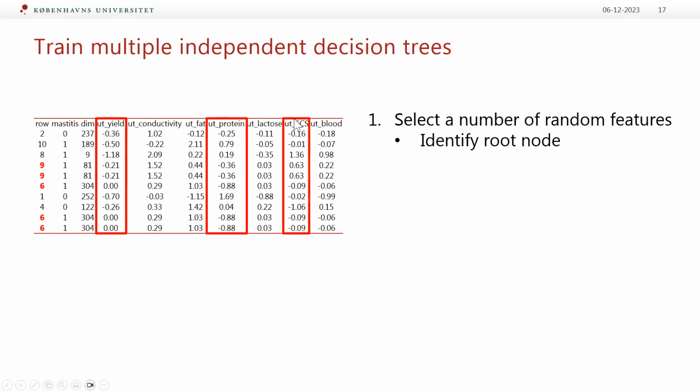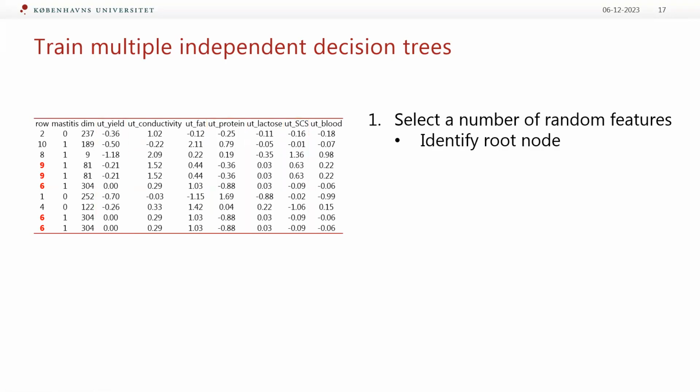We are only randomly selecting a few of them. And the default is to use the square root of the number of features that you have. In this case, we have 8 features. The square root of that is about 2.8, so we are rounding that to 3. So we are selecting 3 random features, and from those 3, we are selecting the root node.